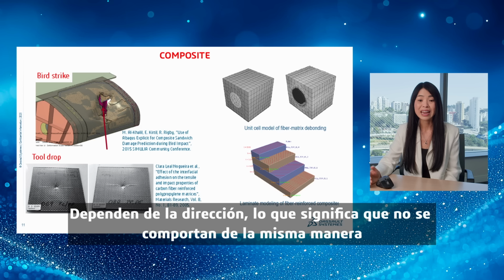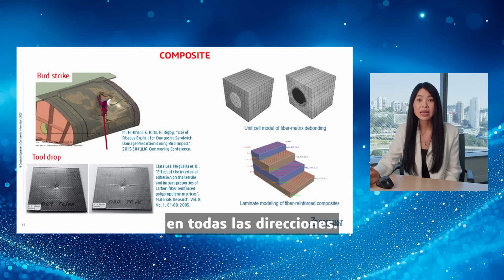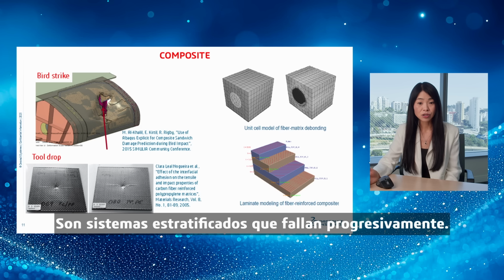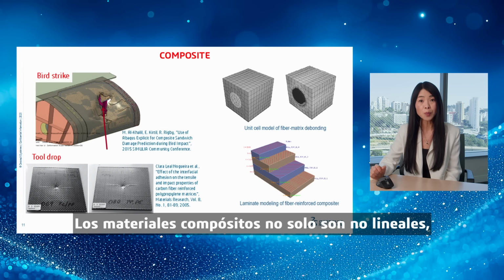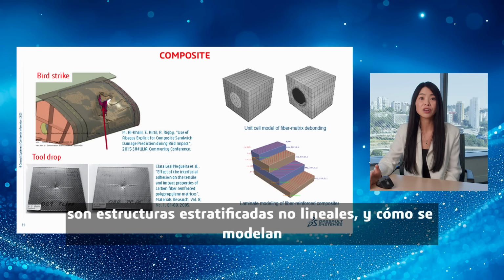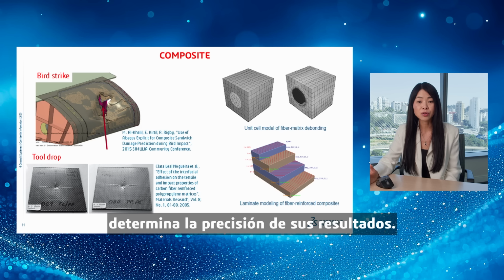They are direction dependent, meaning they don't behave the same in every direction. They are layered and they fail progressively. Composites are not just nonlinear, they are nonlinear layered structures. And how you model them determines the accuracy of your results.